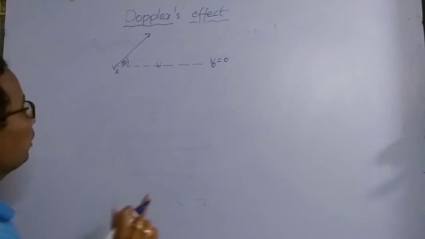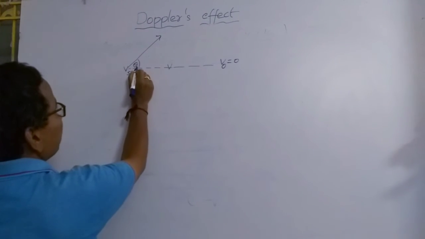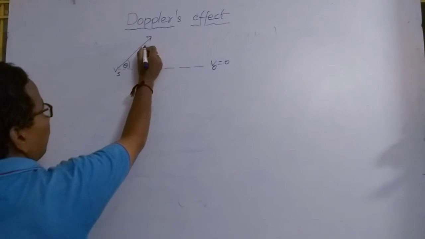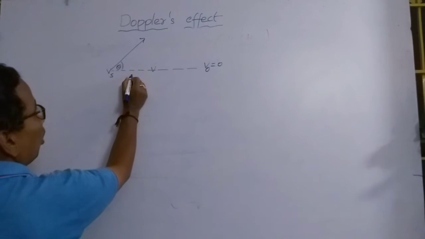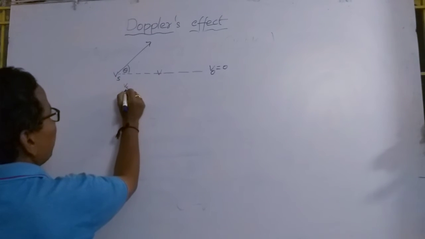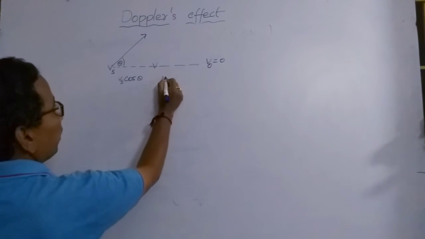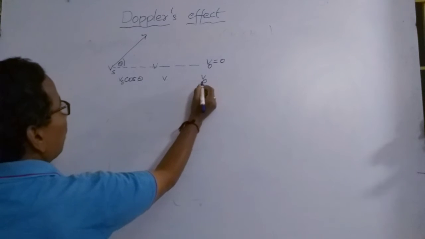Like this. In this situation, what we have to take is Vs, this is theta, this is a vector, so it is resolved into two components. The horizontal component is Vs cos theta. This is V, this one is V naught.